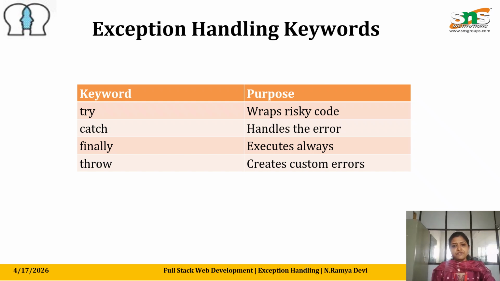And if we want to catch that error, which has been raised in the try block, it will be caught in your catch block. The finally block will execute certain statements whether an error occurs or not. It is also used for cleanup activities like closing some resources or stopping some processes. And throw creates a user exception and throws it to a particular part of the code.